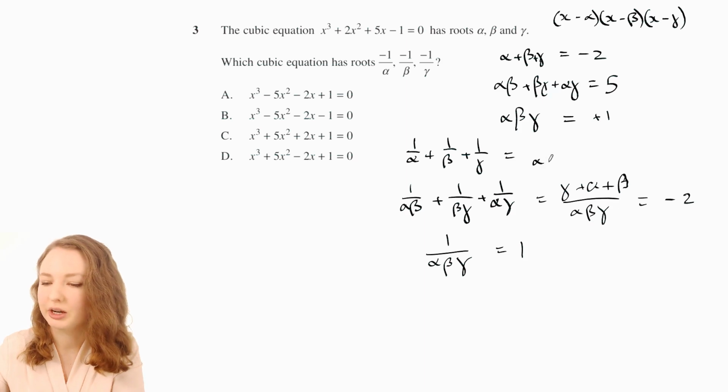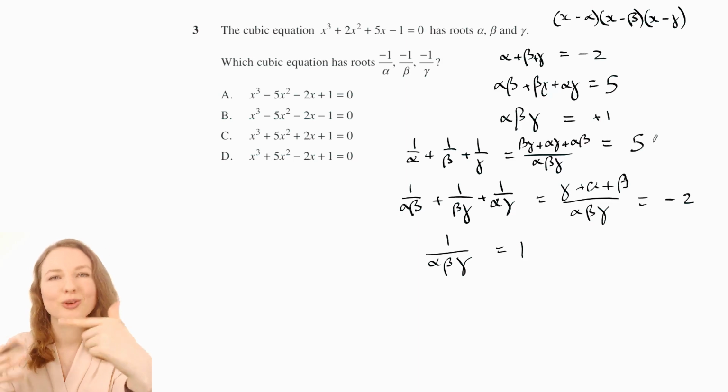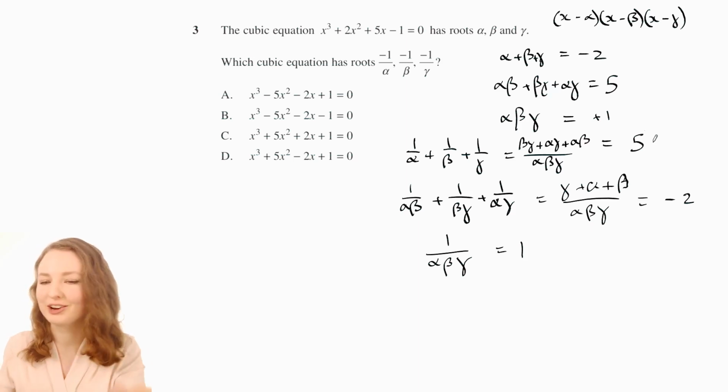With this one, we can do the same thing. We can make a common denominator of alpha, beta, gamma, and then it's going to be beta gamma plus alpha gamma plus alpha beta. So that's that one on 1, so just 5. And then we need to think about whether things are going to be positive or negative.